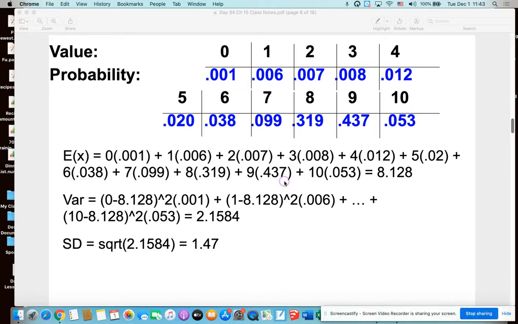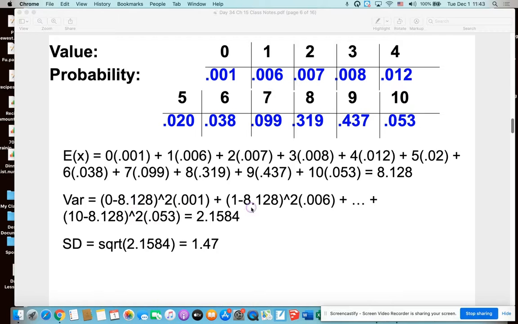Which you would expect, because these have more weight, so they should be represented more in the total. So when you do that, you're going to get 8.128 for your average. So this is your expected value. Again, it's expected value, not what really is going to happen, right? It's just what we expect on average to happen. To do your variance, you follow the formula, you subtract your mean. So my mean was 8.12.